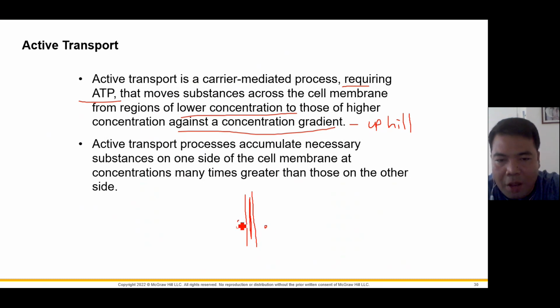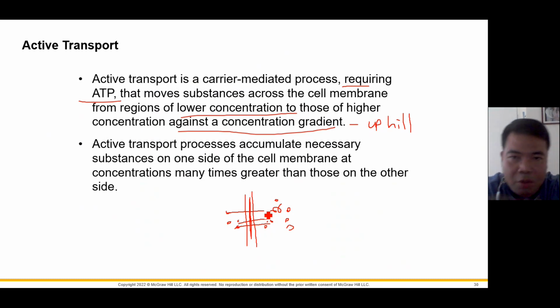If you have fewer sodium here and more sodium here on the outside, mas marami kang sodium dito sa labas, ang active transport mechanism, mas dinadala pa niya yung ibang sodium palabas. Okay, mas mahirap 'yon, no? Kasi you tend to go against the concentration gradient and you tend to accumulate those substances on one side of the membrane. So therefore, to be able to do that, you need energy coming from ATP.